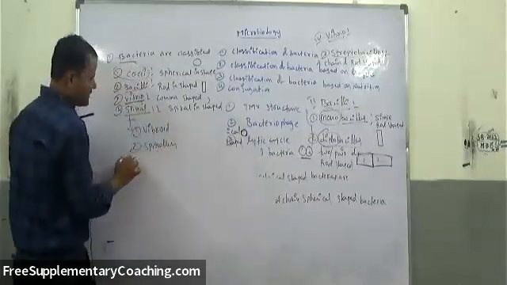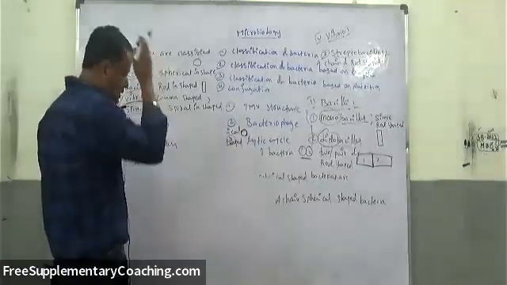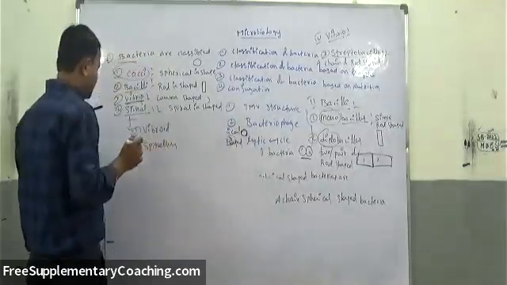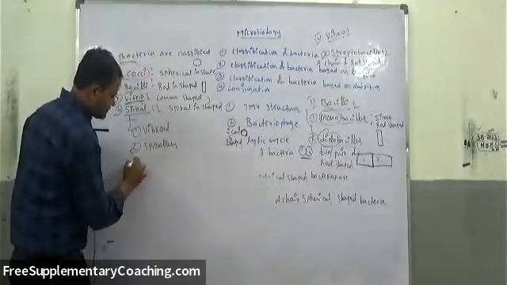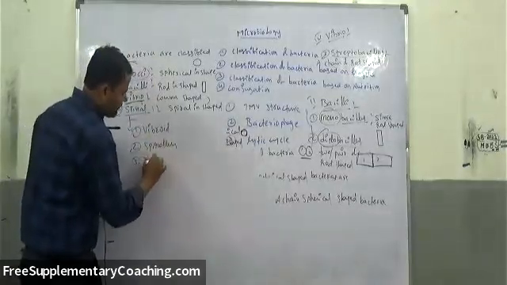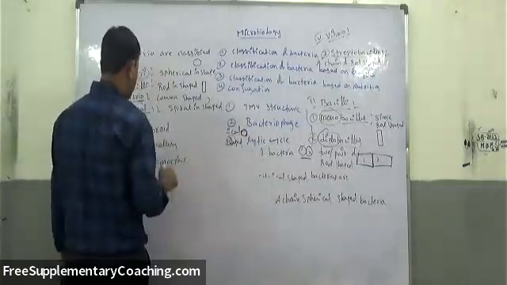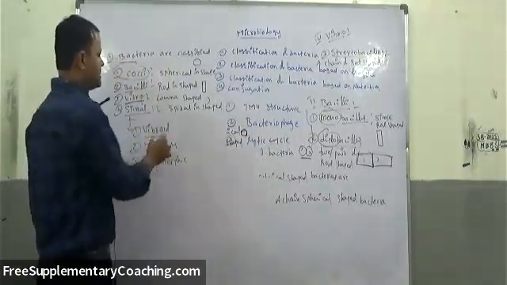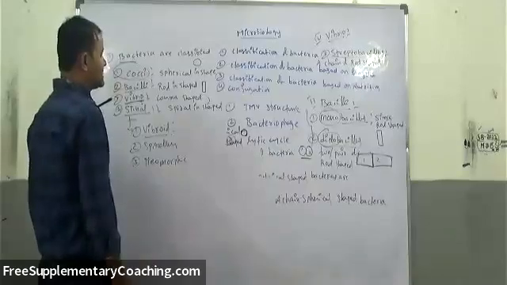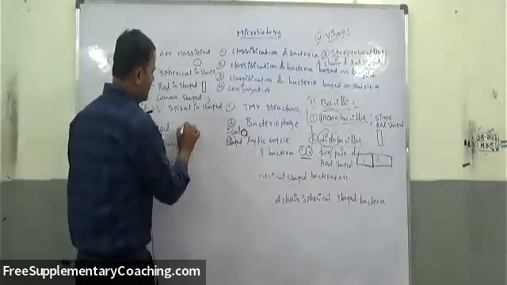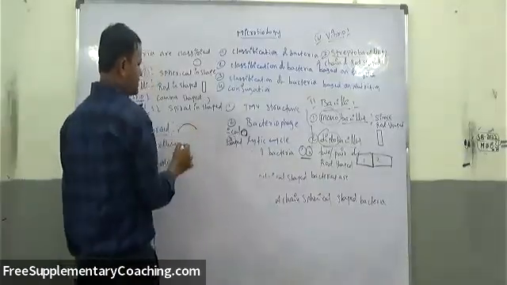And then the third one is pleomorphic bacteria. Okay. Vibrioid means less than one twist, like this. Not a complete twist.